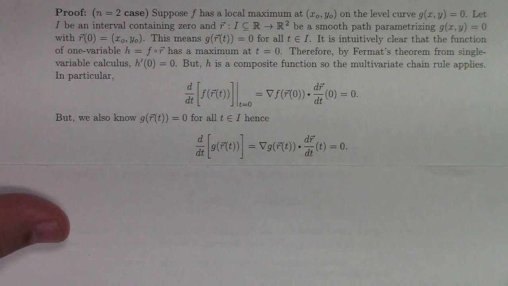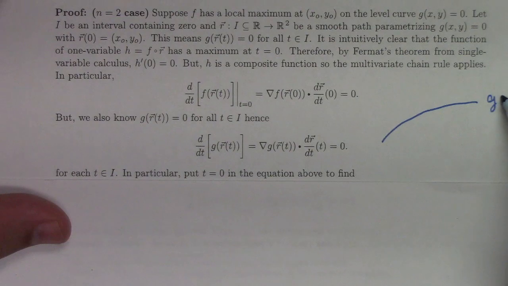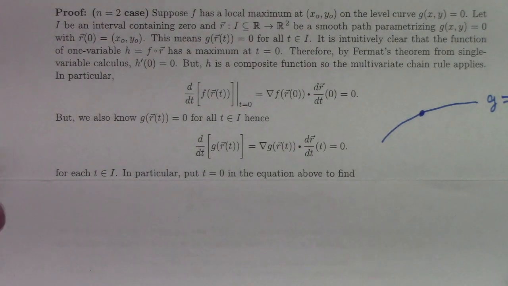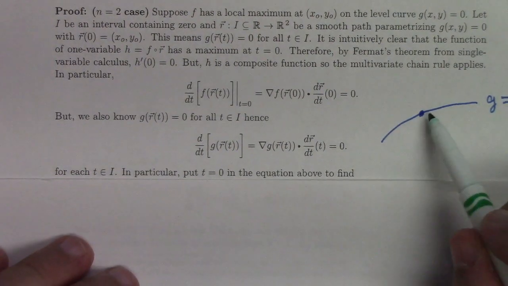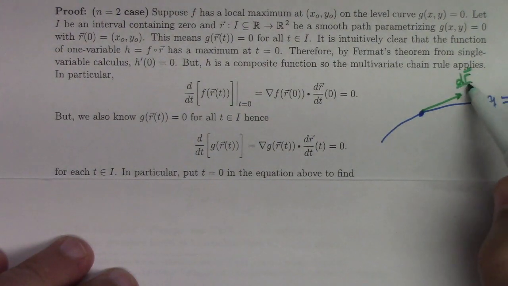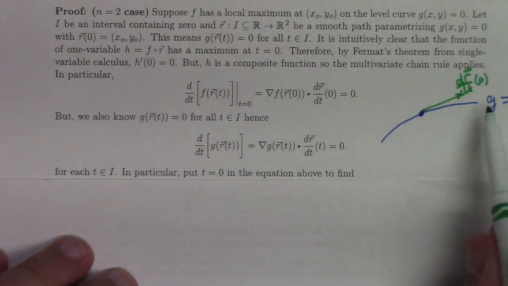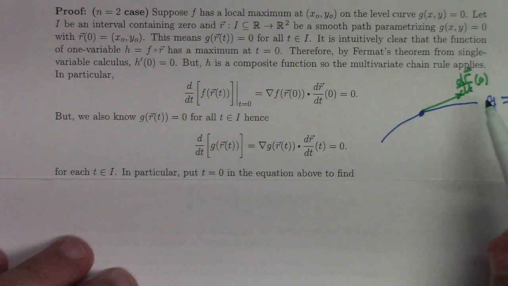So we're in 2 dimensions. Here's the curve, g equals 0. This is the point we're studying where we have a maximum attained for f, the objective function. Thinking about these two equations, this is the tangent vector, dr/dt, tangent to the constraint curve g equals 0.